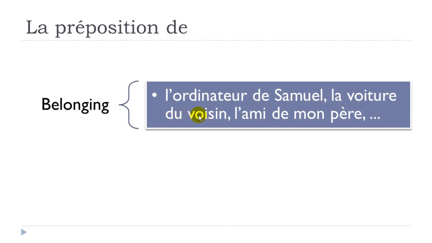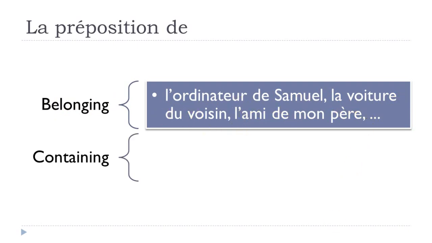Voisin is the neighbor, and in that case you've got the preposition de combined with the article le, and it becomes du, all right. Other possibility, l'ami de mon père, the friend of my father. So it's really this belonging, something or someone belonging in a way to something or someone as well. Okay, so l'ordinateur de Samuel, la voiture du voisin, l'ami de mon père.